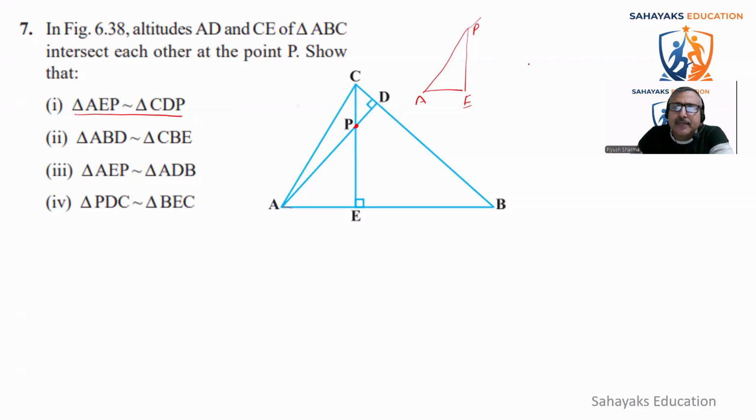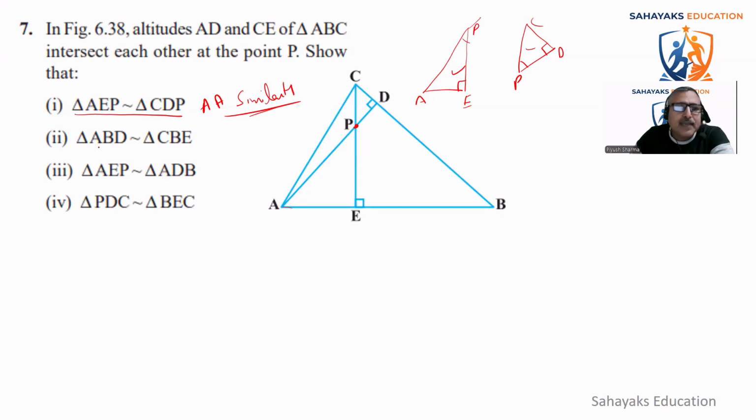I just make it here separately: P, D, and C. This angle is equal to this angle, 90 degrees each. This angle is equal to this angle. So two angles of this triangle and this triangle are the same, so these are similar by AA similarity. I think all these questions will be similar by AA similarity.